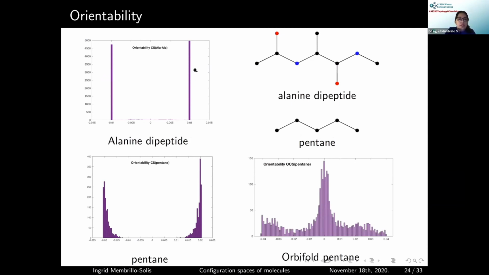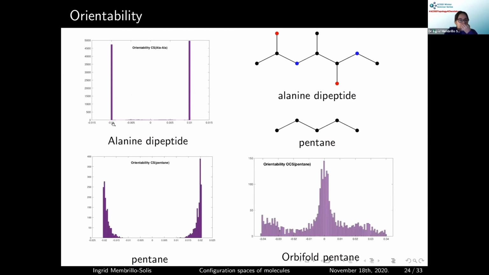So in these plots we are plotting what these orientations are for every neighborhood of a point. There are two possibilities, either negative or positive, and both coincide in absolute value.